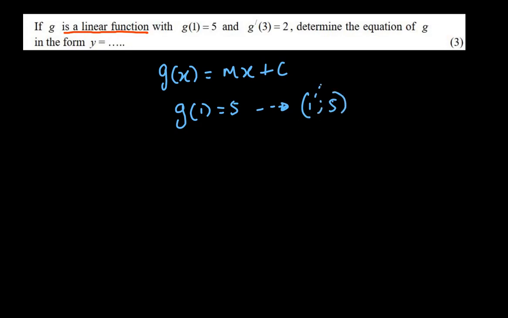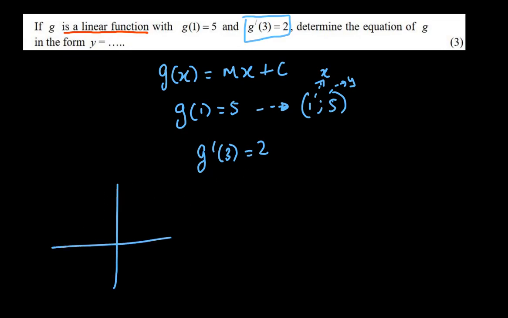Remember this is your x, and then this one here is your y. So determine the equation of g. We are also given that the gradient at x is equal to 3 is 2. So we are given that g prime of 3 is equal to 2. It means if I were to have the graph of g, right?